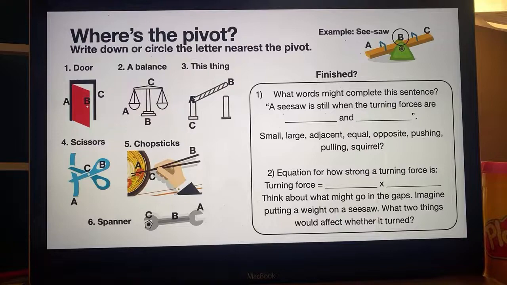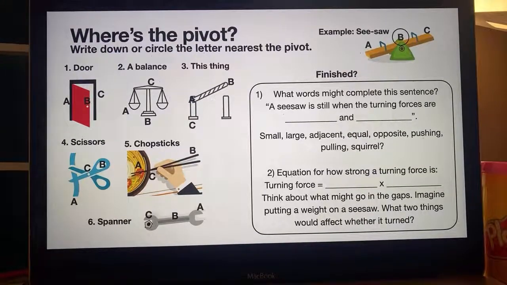I've given you an example here, but I've told you already that with the seesaw, the pivot is in the middle. And if you finish that, which you quite possibly have by now, can you say which words might complete this sentence? A seesaw is still when the turning forces are something and something. You might want to draw a diagram to help you think about that.